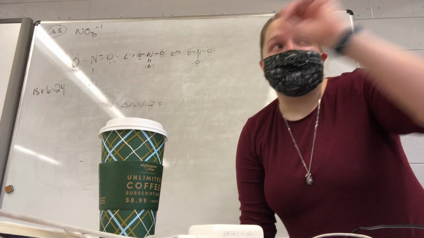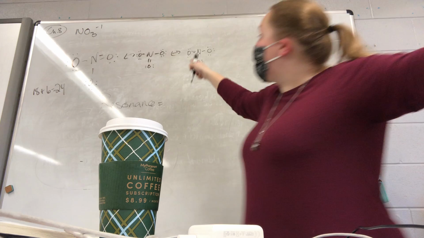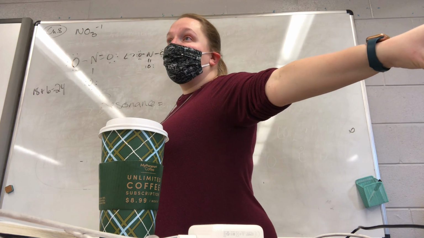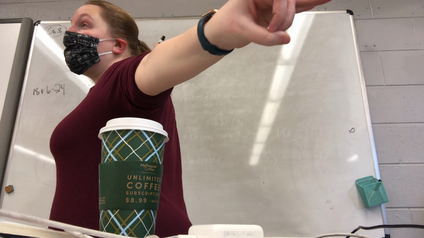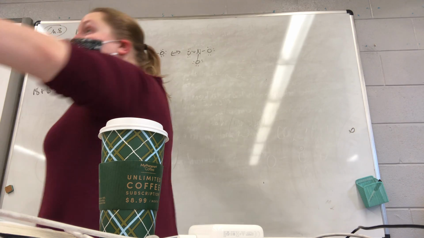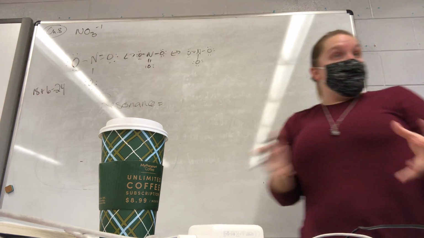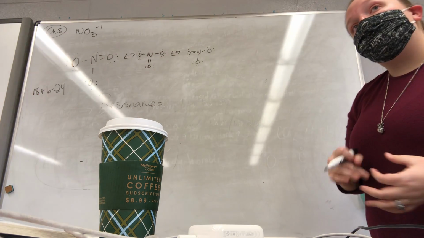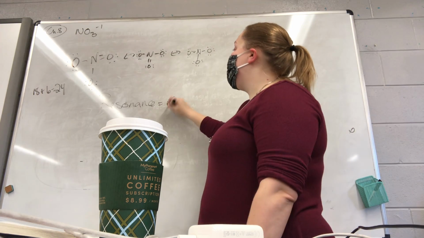It evens everything out. Everything in this structure has the same bond length because that double bond is moving from place to place to place at a pretty fast speed. So when we measure the bond length, resonance evens it out.